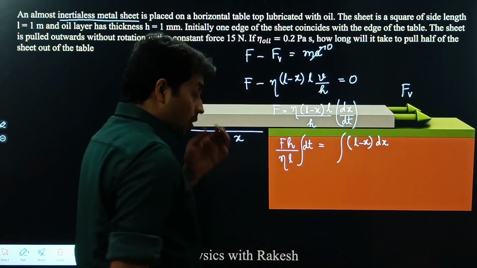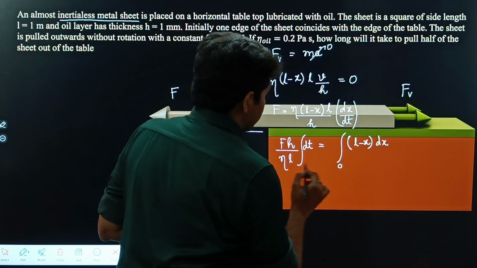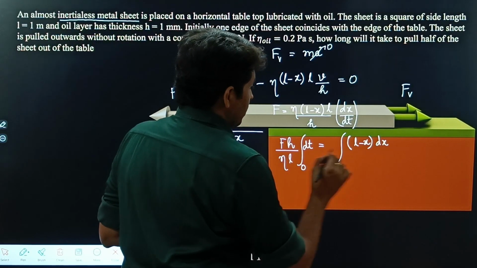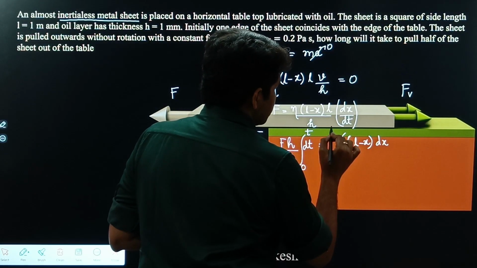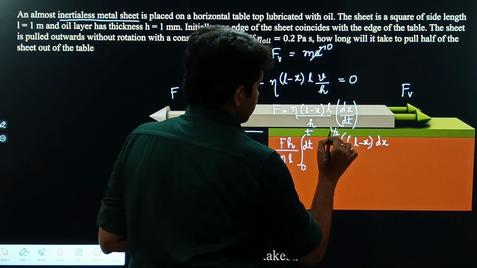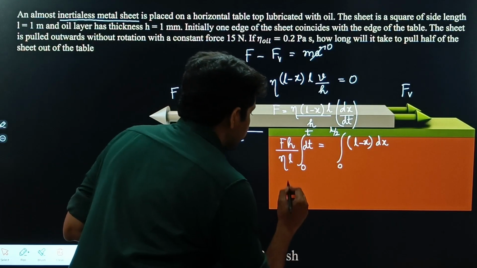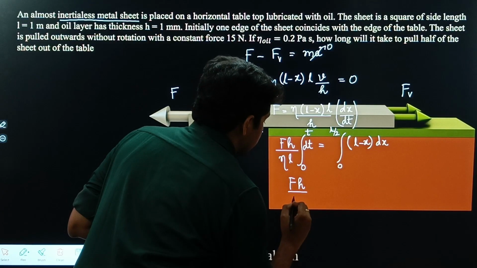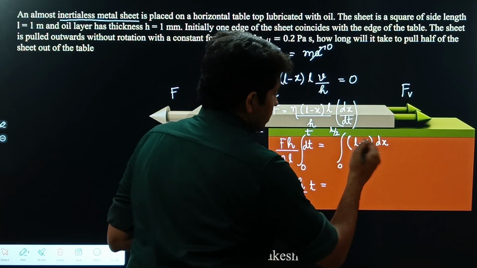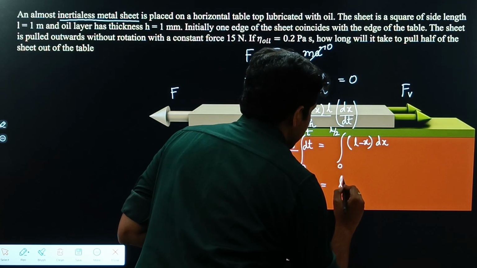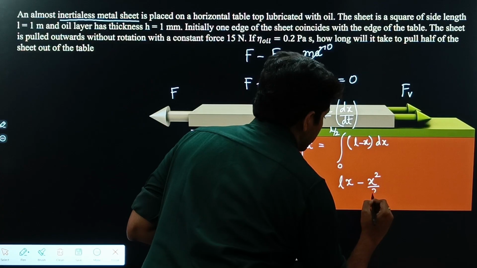Now I can integrate this. How can I integrate this? When x is 0, the time is 0. When t is some t, we need to find the time t, and x becomes L by 2. Now we can just integrate this. What will we get? F h by eta L into t equal to L into x minus x square by 2.